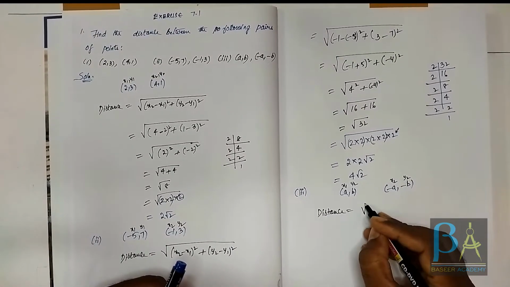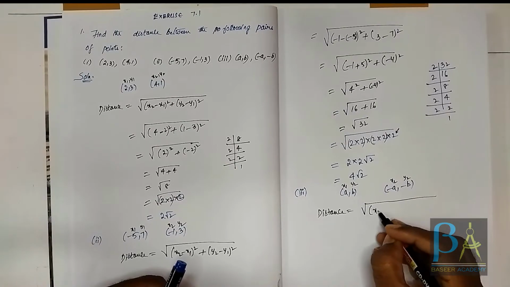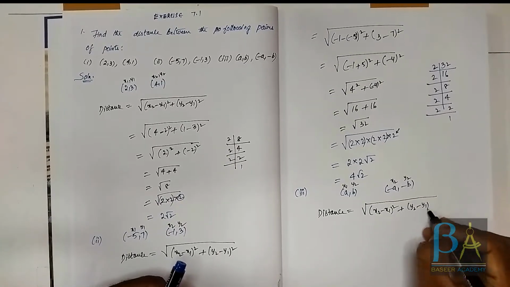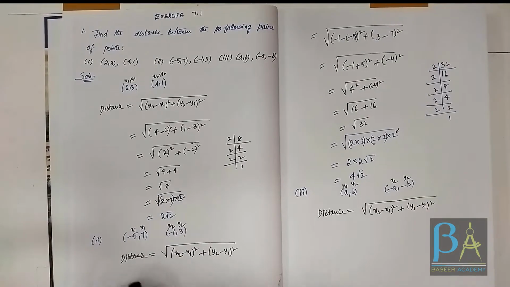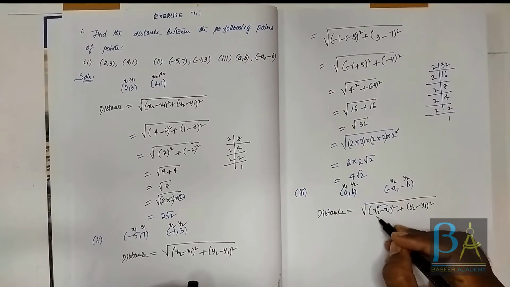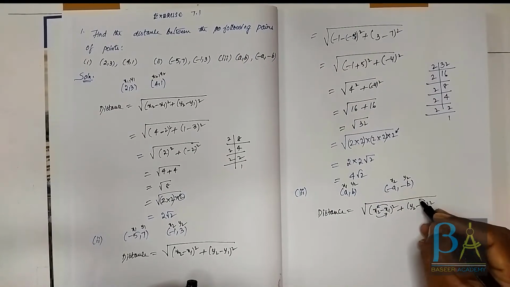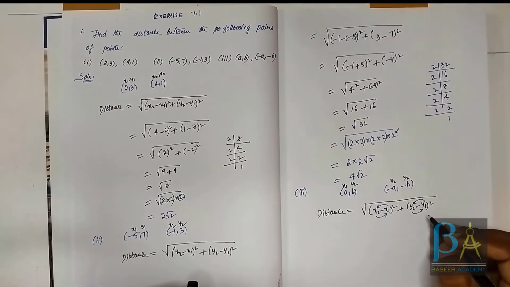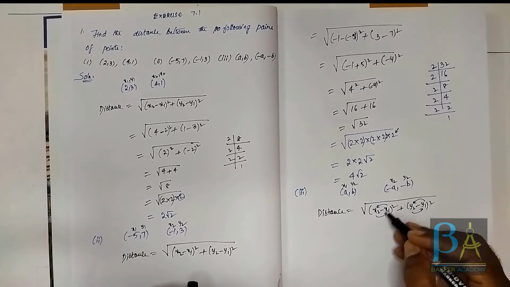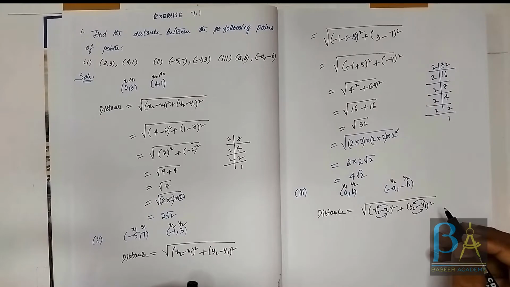The distance formula is square root of (x2 minus x1) whole square plus (y2 minus y1) whole square. And I told you that instead of writing x2 minus x1, you can write it as x1 minus x2 also. You can write it as y1 minus y2 also. It doesn't make a difference, because after you subtract, you are anyway squaring it. So it doesn't really make any difference.